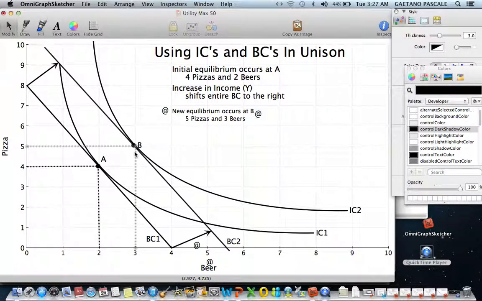Sorry, I didn't get the adjustment I made to the graph just right. With this increase in income, our new utility maximizing consumption for this individual is 5 pizzas and 3 beers.